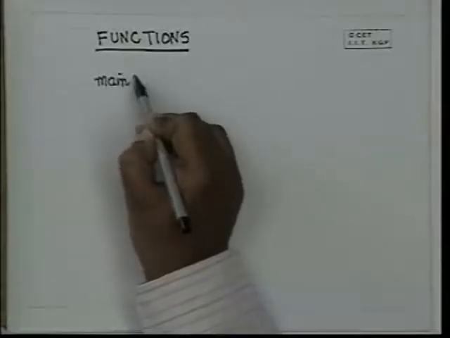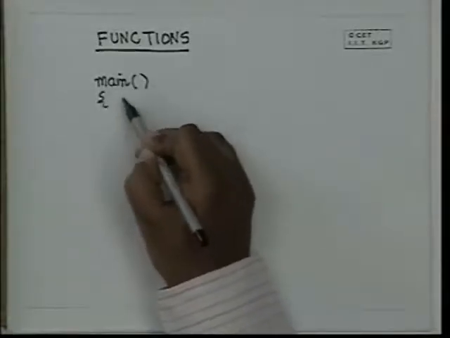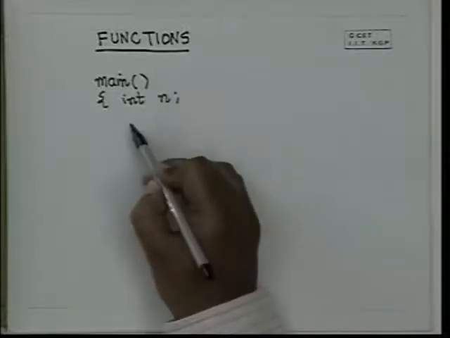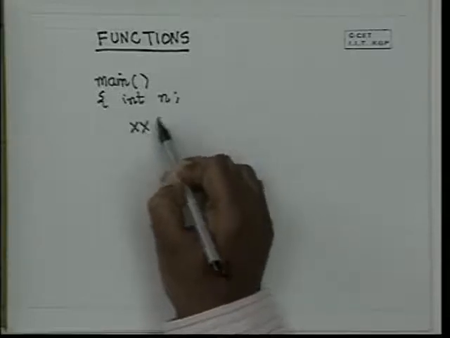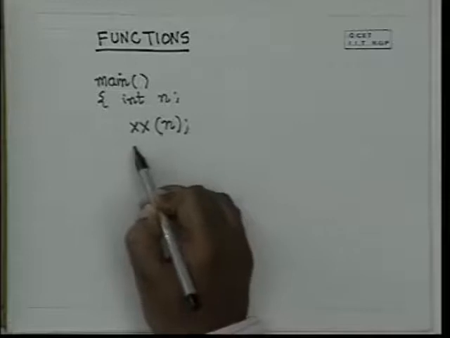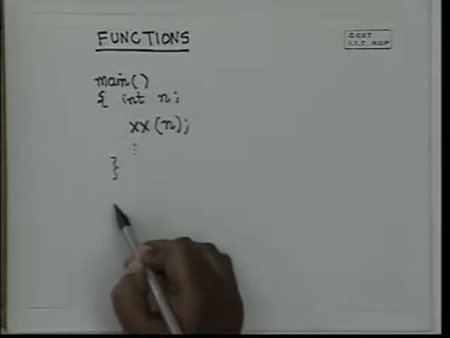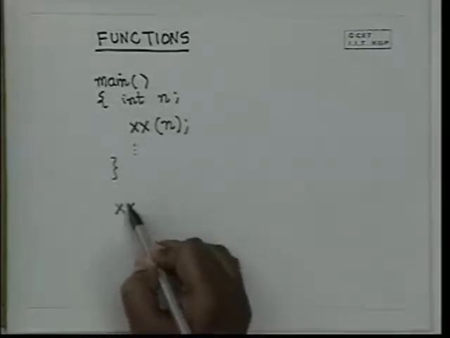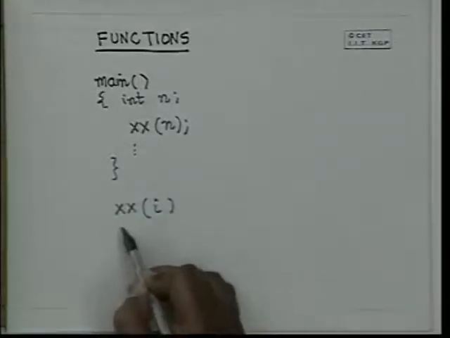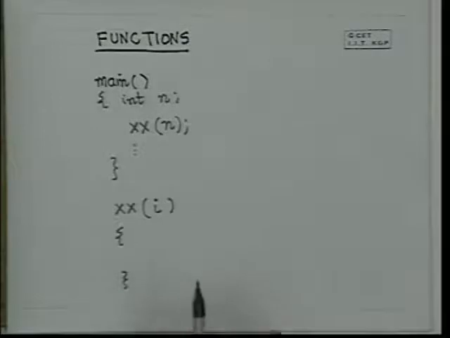So you will, in a program, say in a C program, have a main program, and maybe you will have an integer n, and maybe you will call a function, say xx, with argument n, and then do some other things and terminate, and you will declare a function xx with argument I, and then you will do something in this function.